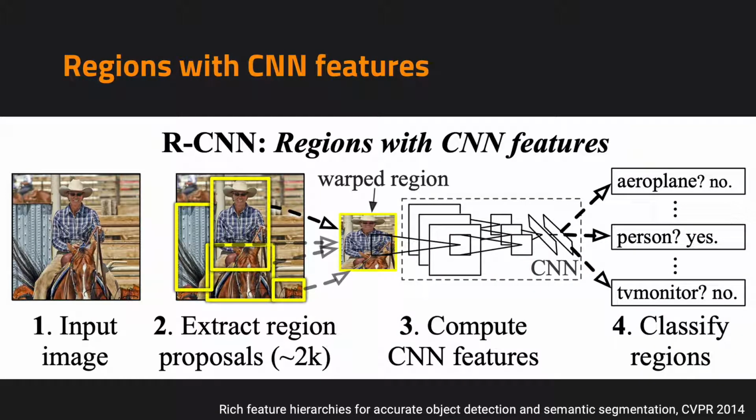Later people found that we can actually do things in a more selective way. Instead of sliding the network over the image exhaustively, we can first propose the informative regions from the image and then crop those informative regions into the network to classify them.